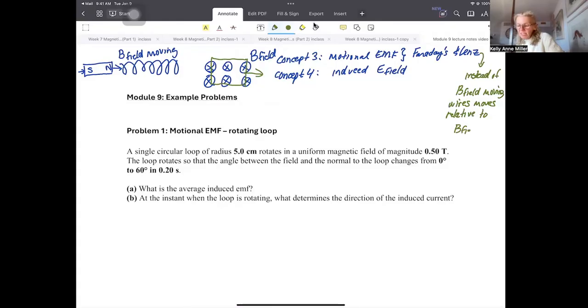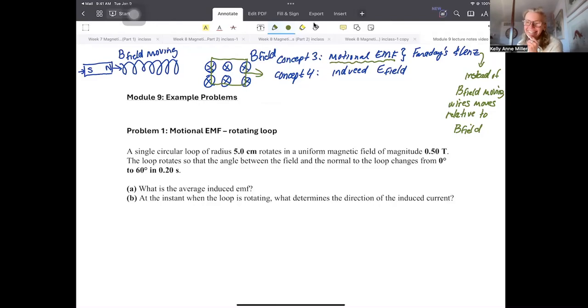So the B field is stationary, and the wire moves. This is an interesting idea, and you can read about this in Collage, and I've posted a bunch of videos. This is how a rail gun works. This is how a satellite tether works. There's all sorts of interesting things in technology that depend on motional EMF.